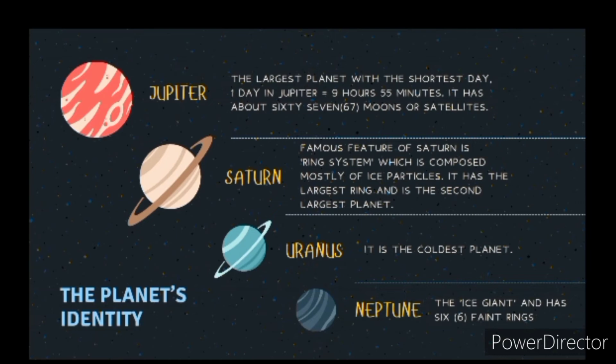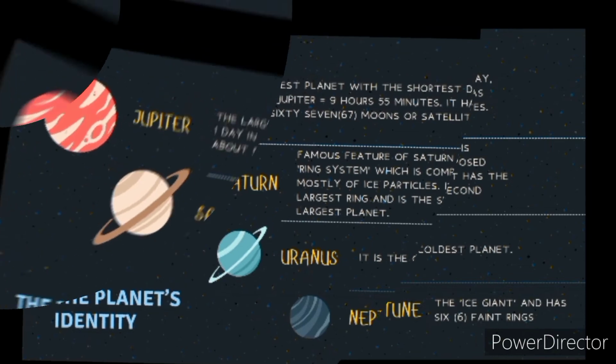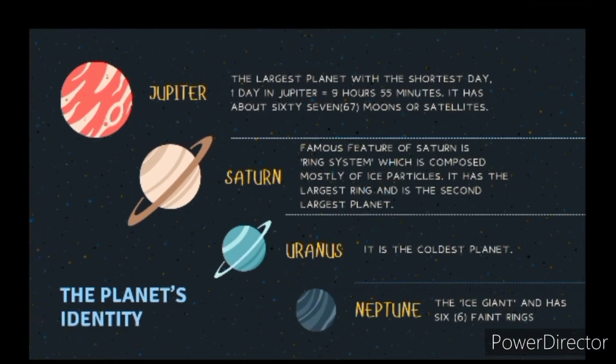It has the largest ring, and it is the second largest planet. So after Jupiter, Saturn is the second largest planet. Then Uranus. Uranus is the coldest planet. Then Neptune. Neptune is known as the ice giant, and it has 6 faint rings.